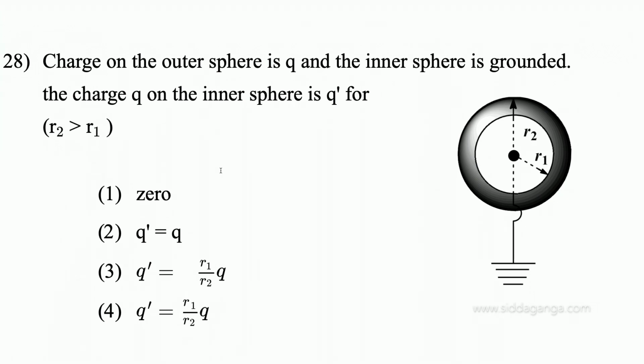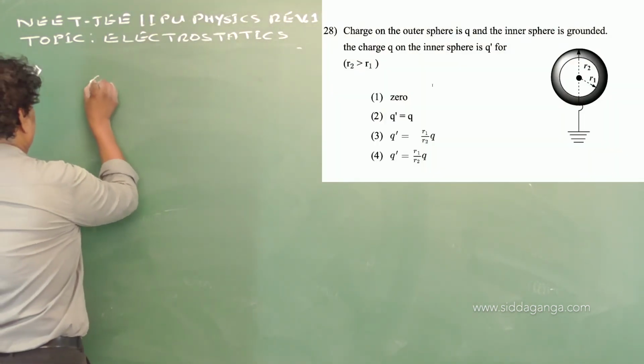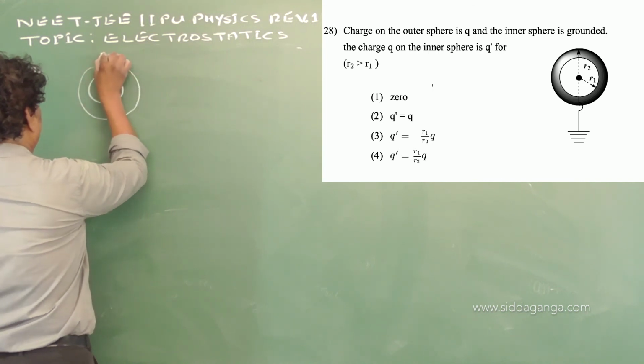Now question number 28. The charge on the outer sphere is Q and the inner sphere is grounded. The charge on the inner sphere is Q dash. R2 is greater than R1. Now we have given the inner sphere and outer sphere.